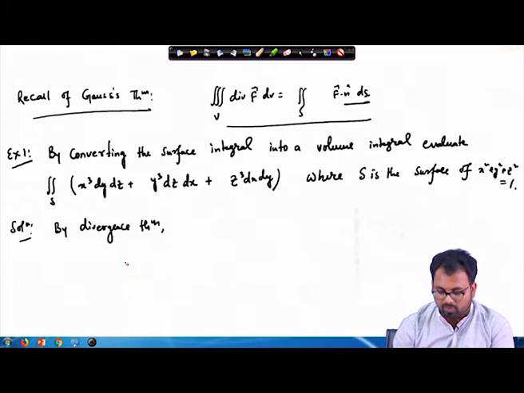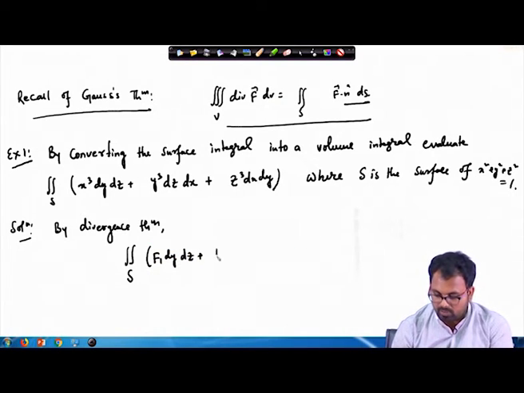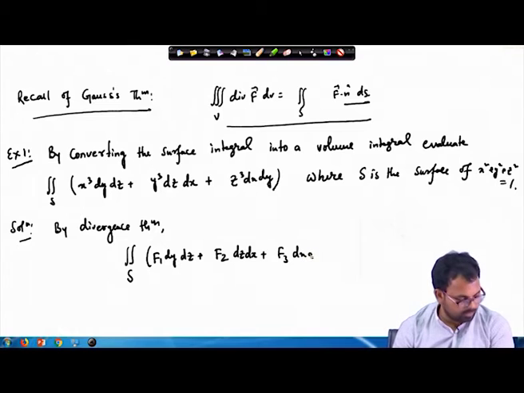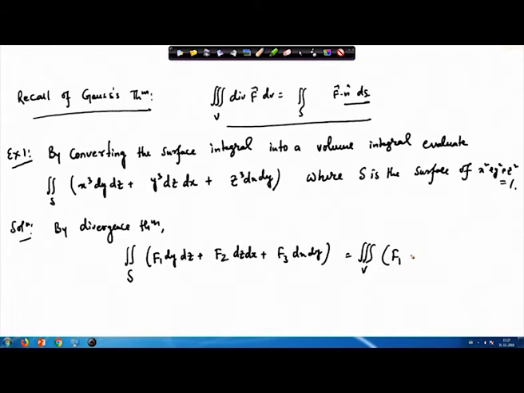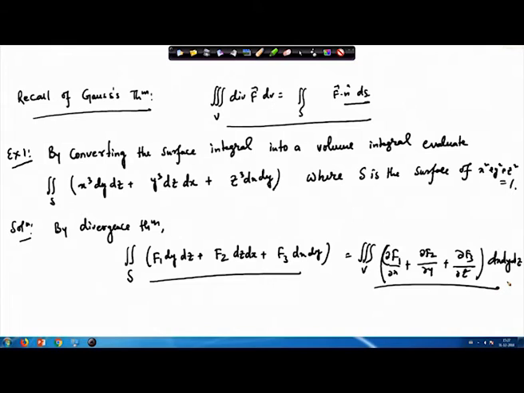So, by the divergence theorem, the surface integral over S of f1 dy dz plus f2 dz dx plus f3 dx dy equals the volume integral over V of del f1 by del x plus del f2 by del y plus del f3 by del z, dV, which is dx dy dz.